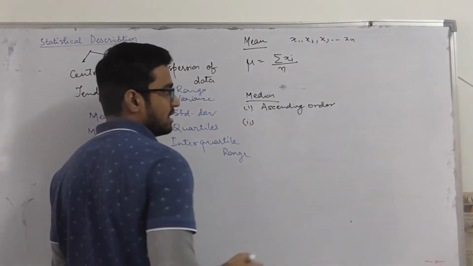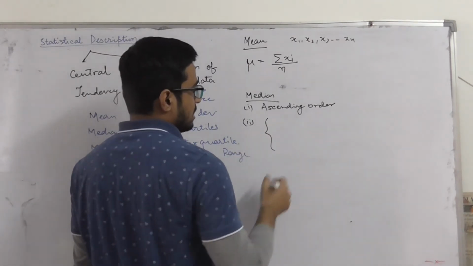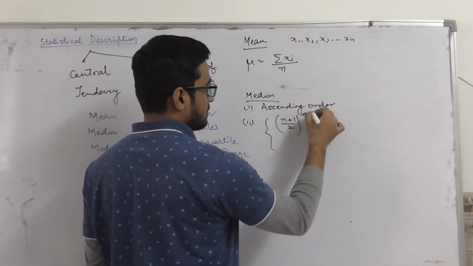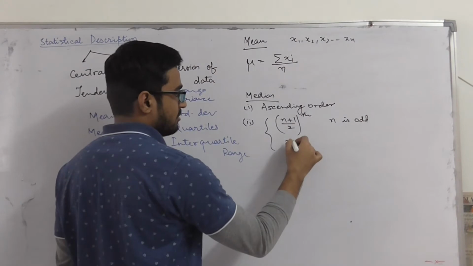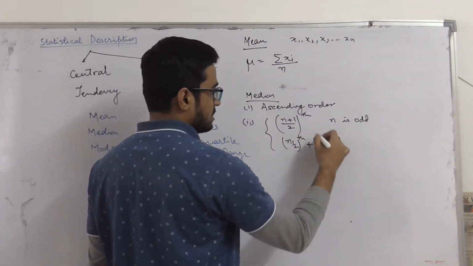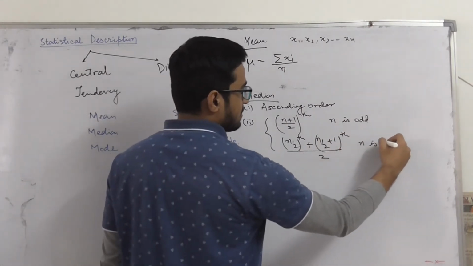Once the data is arranged in ascending order, the median is the (n plus 1) by 2th term if n is odd, and it is the average of the n by 2th term and the (n by 2 plus 1)th term if n is even.